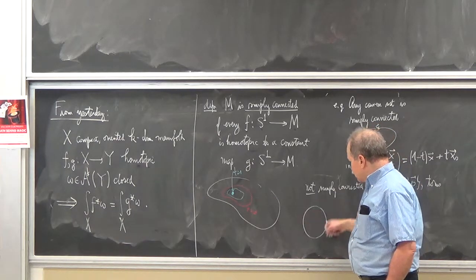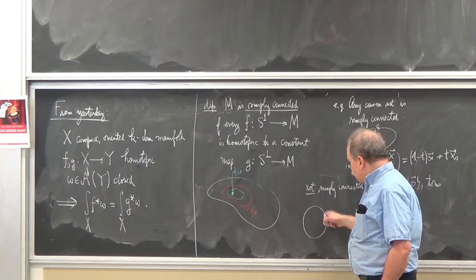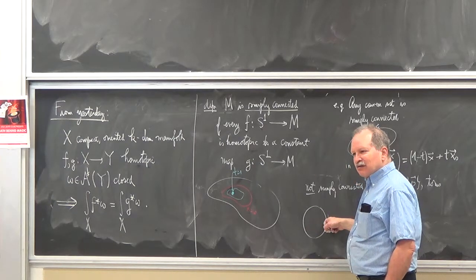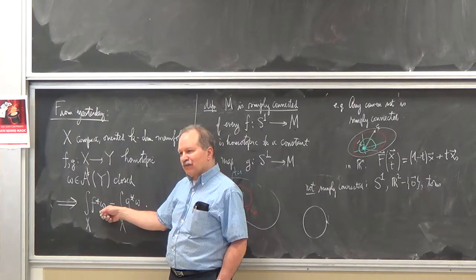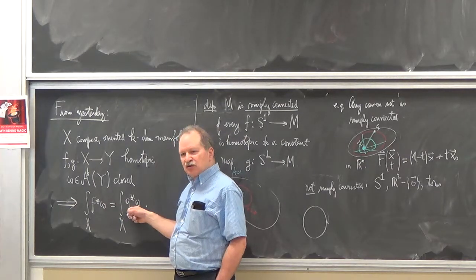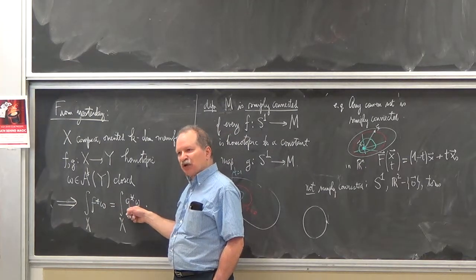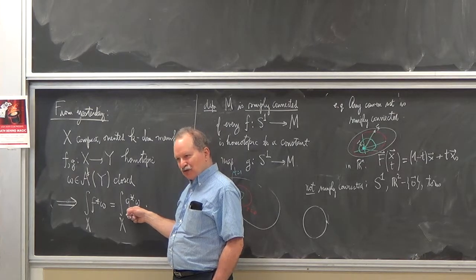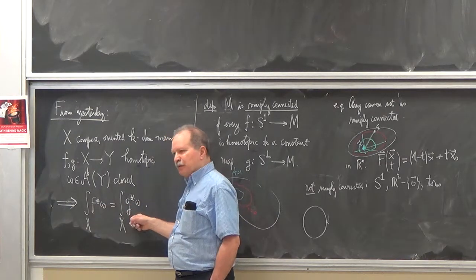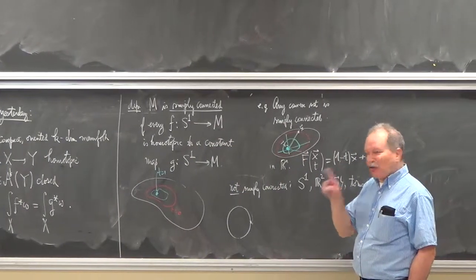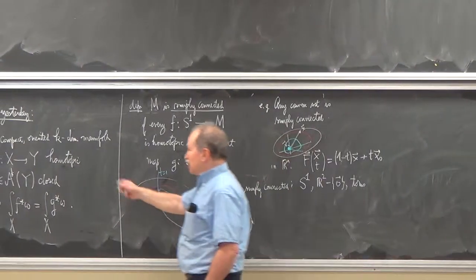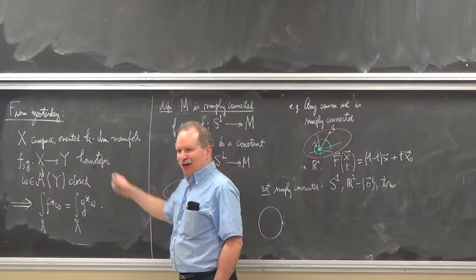So if the circle were simply connected, the loop that goes once around would have the same integral with our famous 1-form as the constant map. Well, a constant map pulling back gives you 0. So you have 2 pi equals 0. So this differential form stuff is very good for proving things are not homotopic.